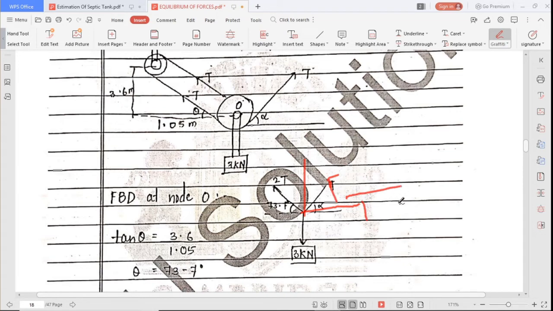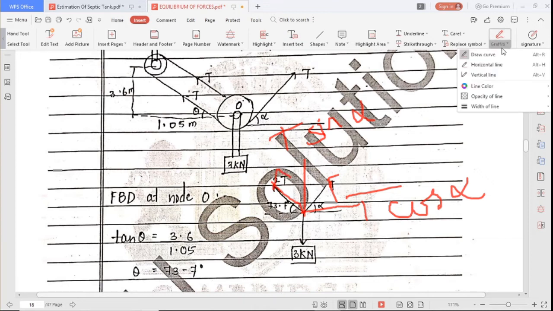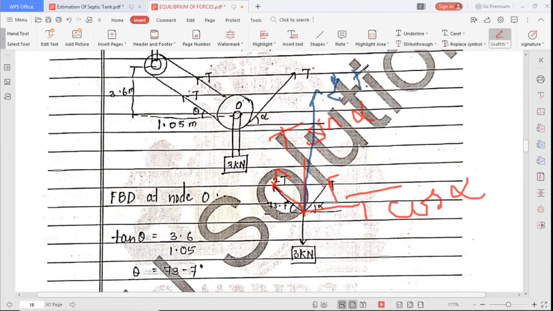So this becomes T cos alpha and T sin alpha. Similarly, this 2T force in the upper direction will become 2T sin alpha, and here 2T cos alpha.